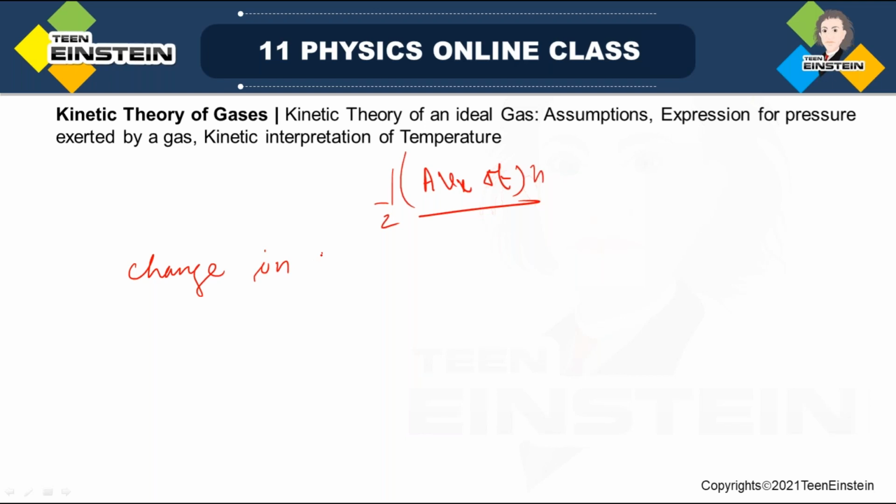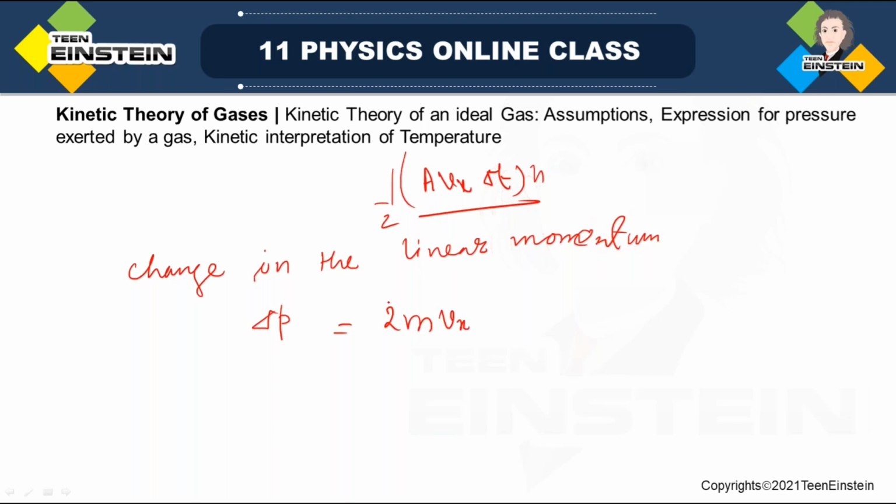Change in the linear momentum, or transfer of linear momentum, will be delta P, which is 2m Vx.